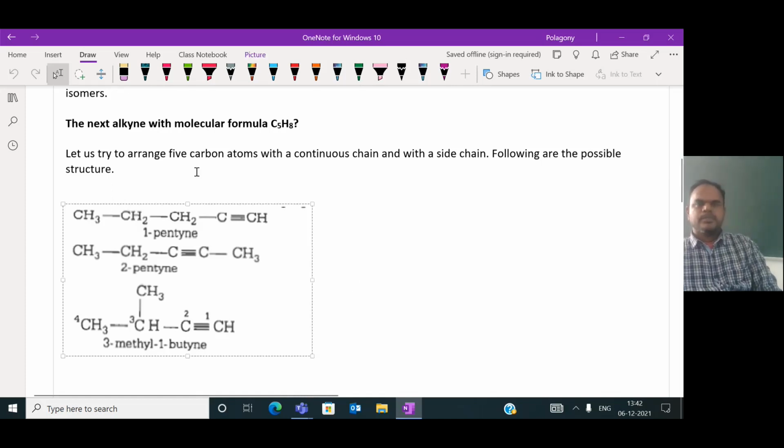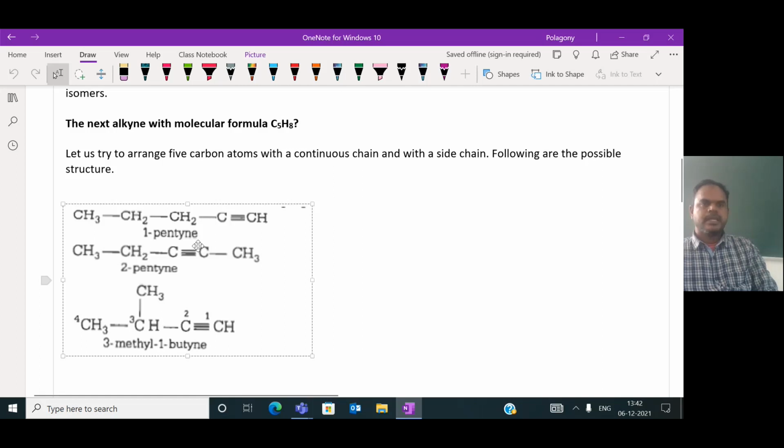The next alkyne has the molecular formula C5H8. Let us try to arrange the 5 carbon atoms in a continuous chain with a side chain. The following are the possible structures. Look at this structure: pent-1-yne is CH3CH2CH2C triple bond CH, with one triple bond between the first and second carbon.